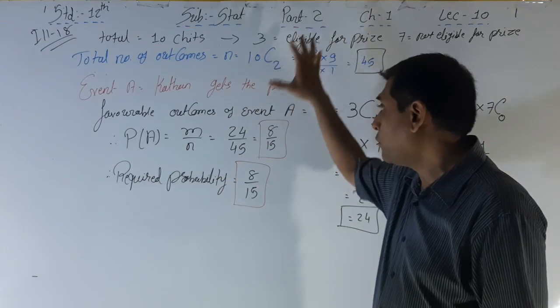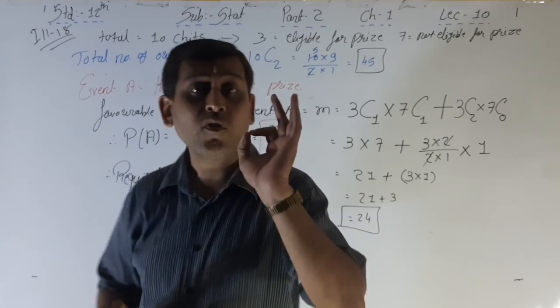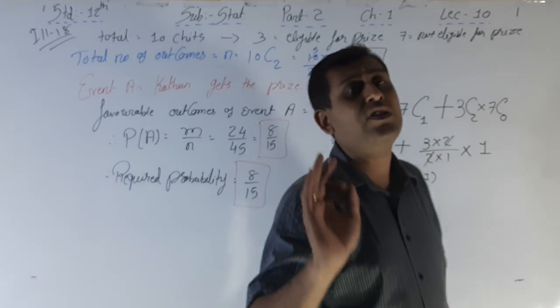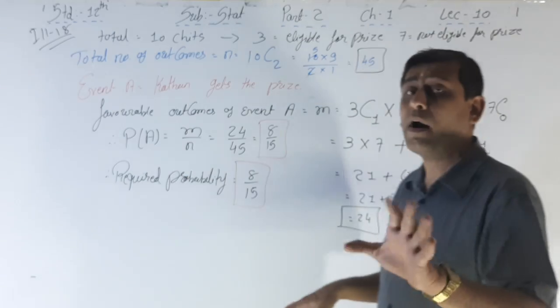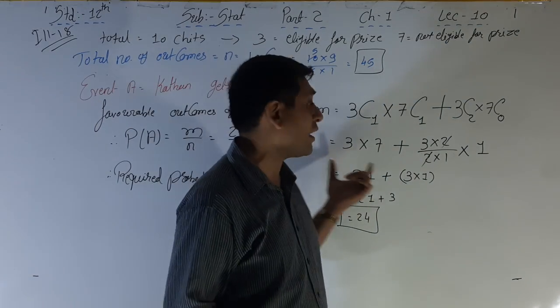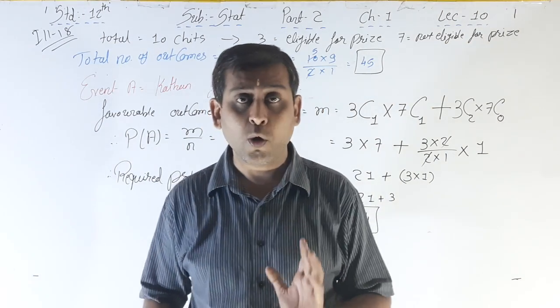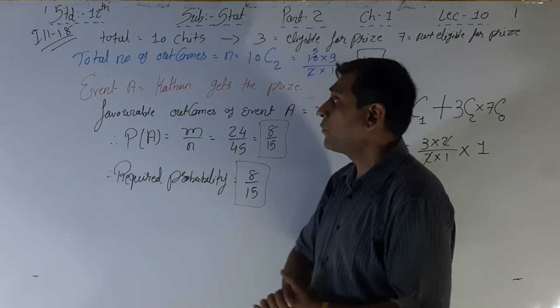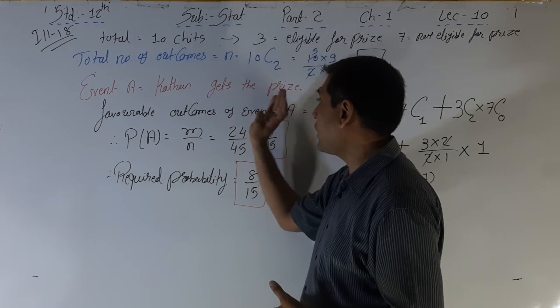So for you, the final answer, we get the answer by whichever method we are using, but the main thing is that we have to write down the correct answer. Okay, so here the easiest way, that is event A, Katan gets the prize.